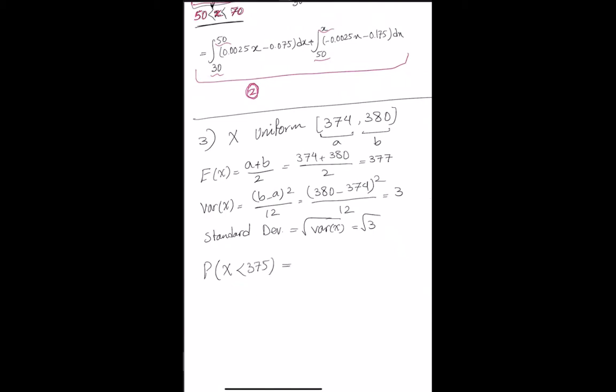So that is the integral from the lower bound, which is 374, to this value of x, 375, f of x, d of x. And this f of x that I put here is the probability density function, right? So tell me, for a random variable x that has uniform distribution between a and b, how do I write the probability density function, or f of x?